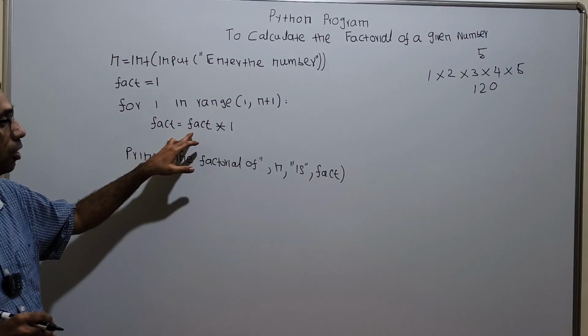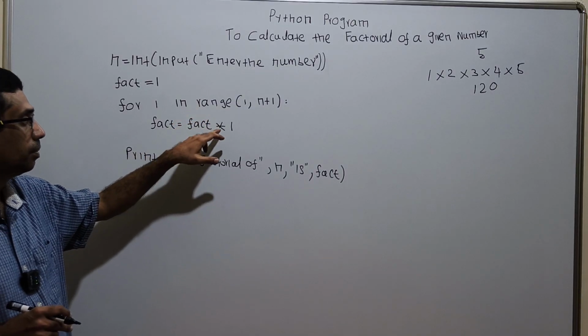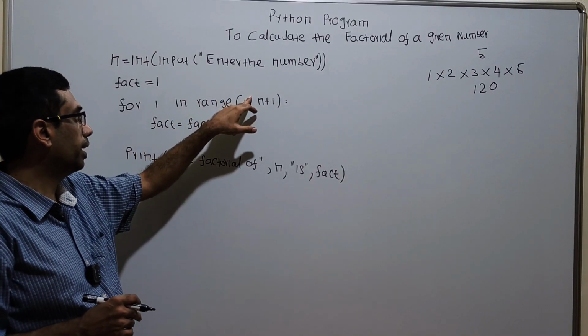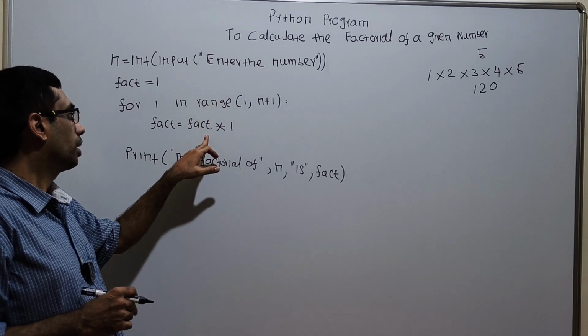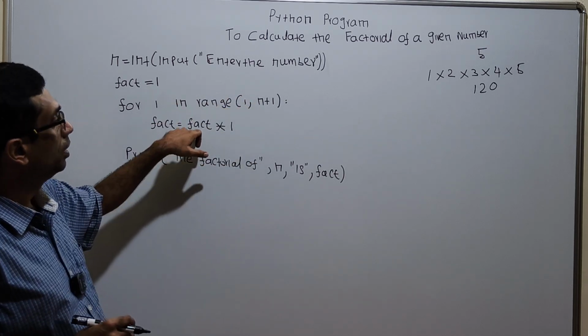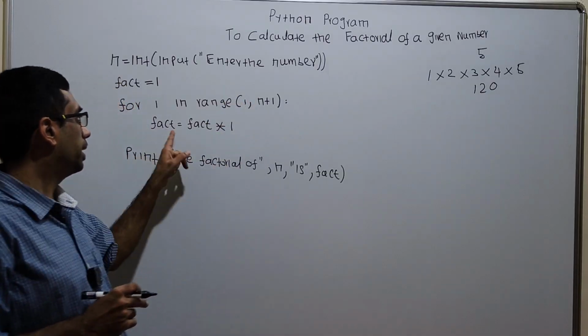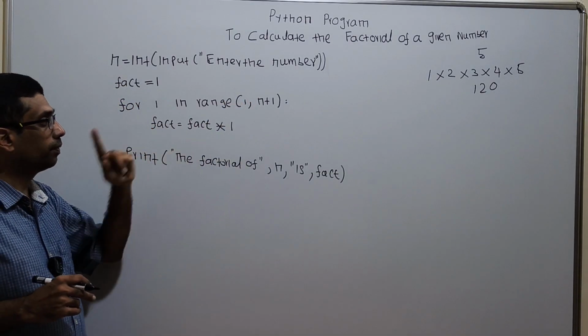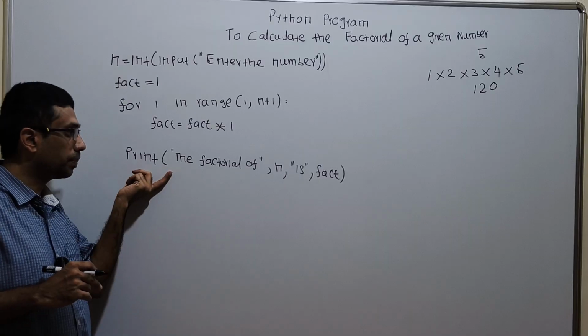It calculates fact equal to fact star i, the existing value of fact multiplied with the i value. In the next iteration, i will take the next value of the sequence and multiply with fact, and so on up to n. So in this way, the multiplication from 1 to n gets calculated. Finally, the result will get printed.